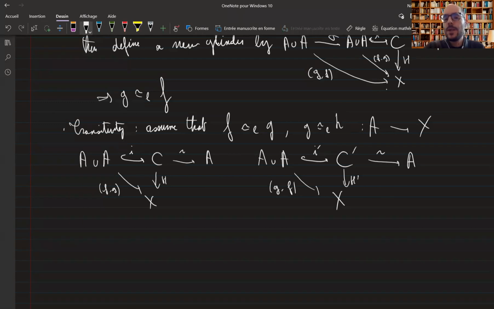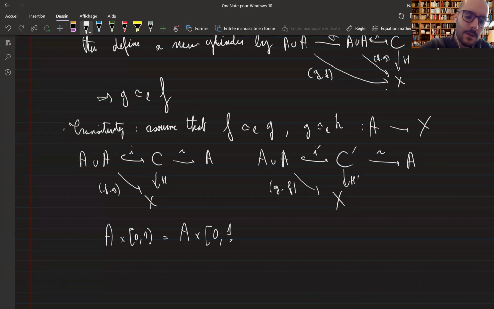So how do you do it, for example, in topological spaces? Well, you have a first homotopy from A cross [0,1] to X, and another homotopy from A cross [0,1] to X. What you do is you say that A cross [0,1] is A cross [0,1/2] union A cross [1/2,1] over A cross {1/2}.